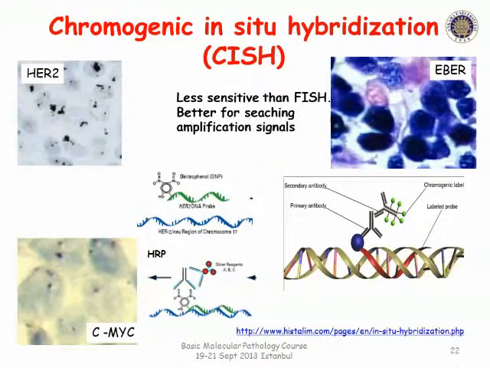This technique is much less sensitive than FISH, but it's very useful, especially if you would like to see some viral infections in the cells. Or amplification signals can easily be detected and are more useful. Even if you're using suitable probes, and if you extend your probe signals, you can even use it for translocation detection.